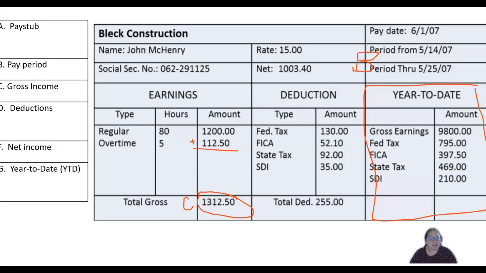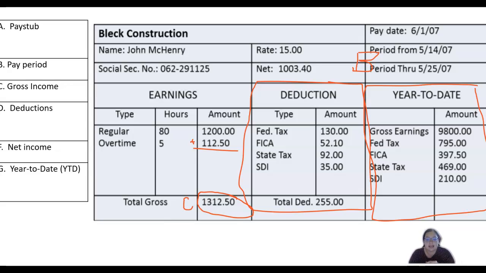The deductions, all of these right here are your deductions. Sometimes they're all together, like they are on this one, and sometimes they separate them into two categories, one for taxes and one for things like insurance and other benefits that you might be paying for.